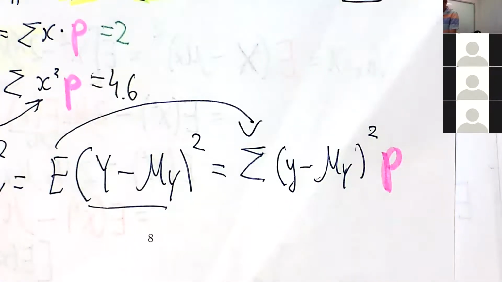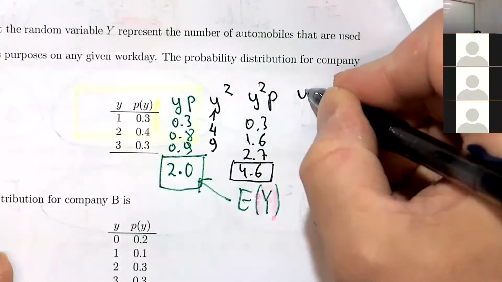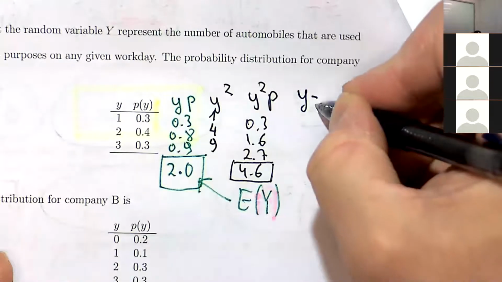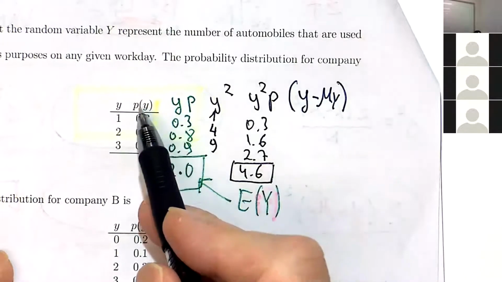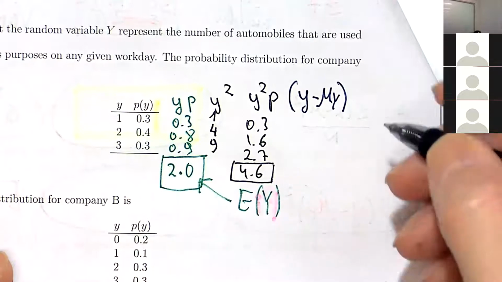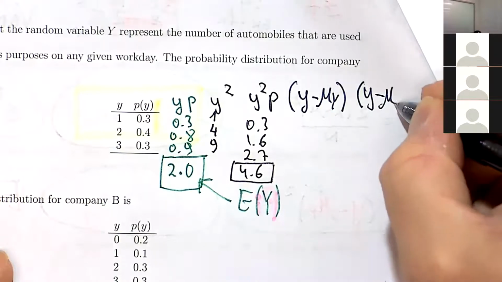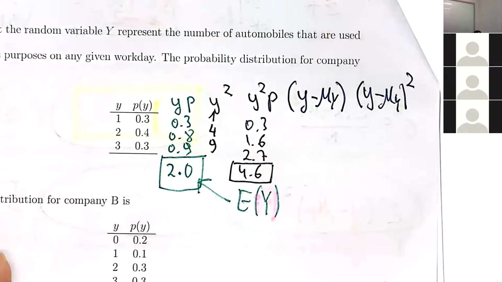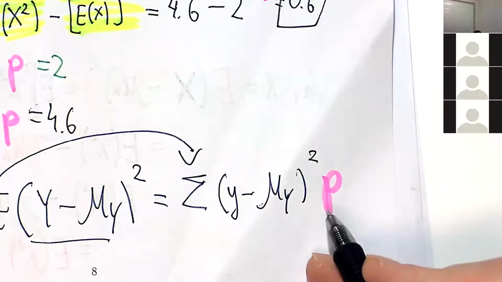So to evaluate the variance using this definitional formula, what we have to do is the following. In the original table, we would have to form the column y minus mu y. So from each value of y, we would have to subtract the mean. Then square this, y minus mu y squared. And finally, this is not good enough. We have to weight by corresponding probabilities.